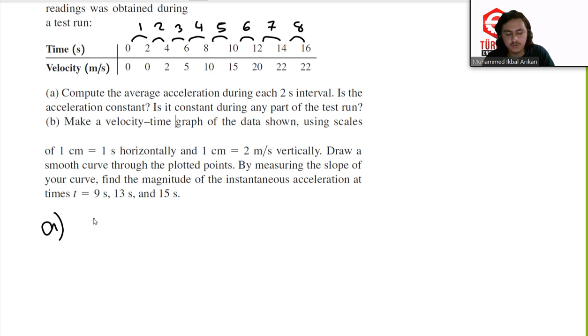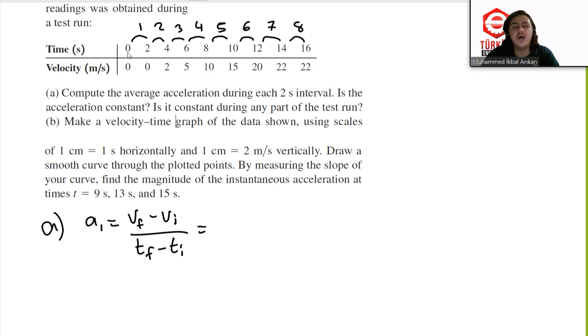So I will calculate acceleration of the first interval: v final minus v initial divided by t final minus t initial.